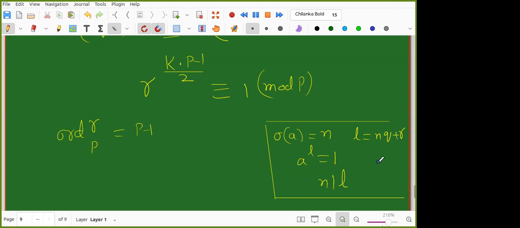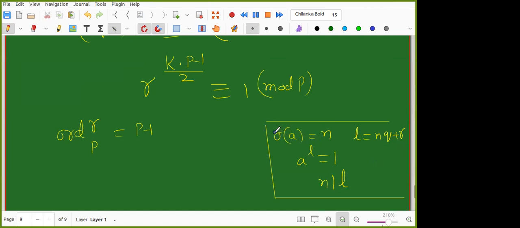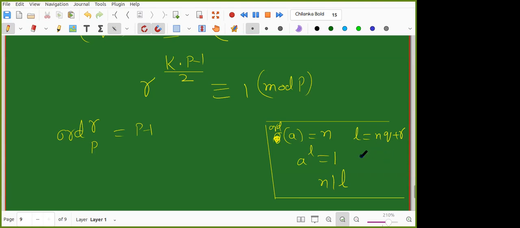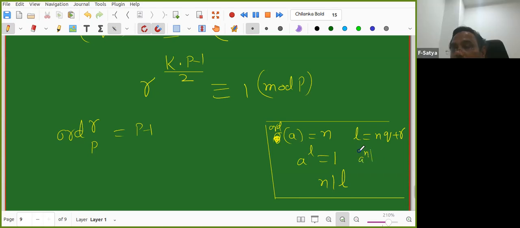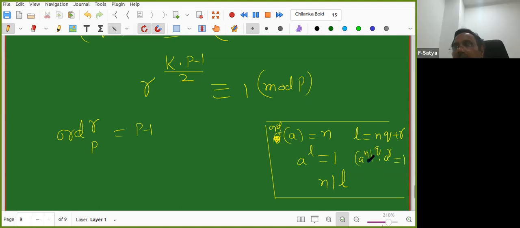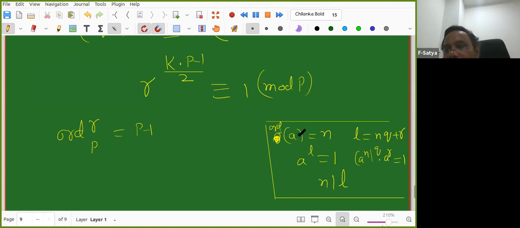But a power n equal to 1, because order of a equal to n means a power n equal to 1.